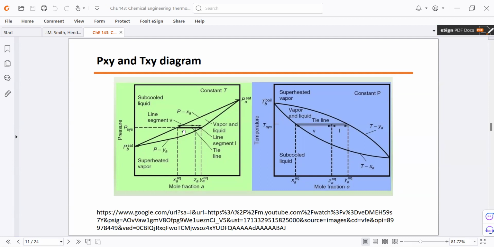Okay. So for example, you have ZA, that's the composition, that's the point.